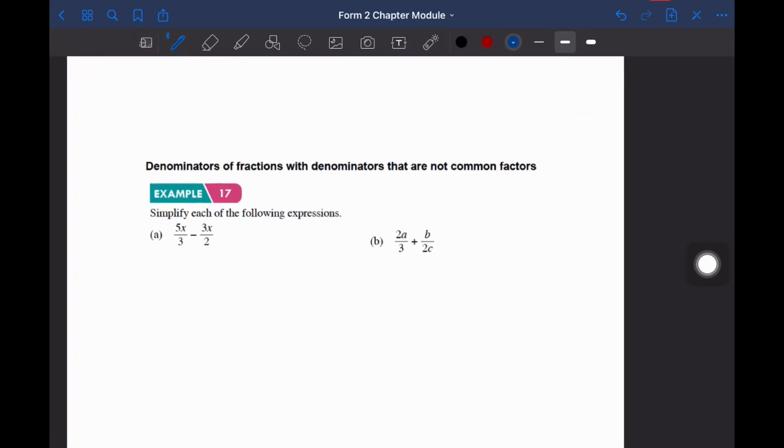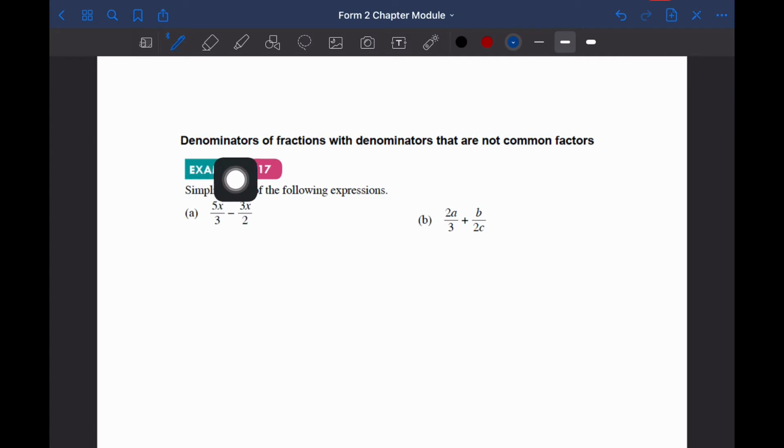Next question. We have denominator of the fraction with denominator that are not common factor. Apa maksud dia? Dia kata faktor yang tak sama lah. Contoh macam saya tunjuk contoh masa awak belajar sekolah rendah.